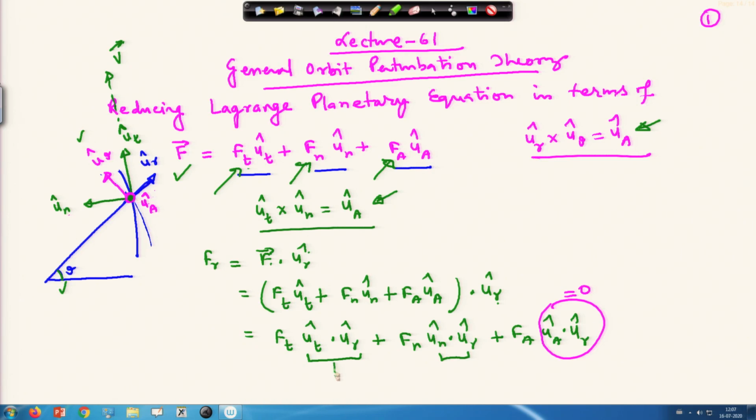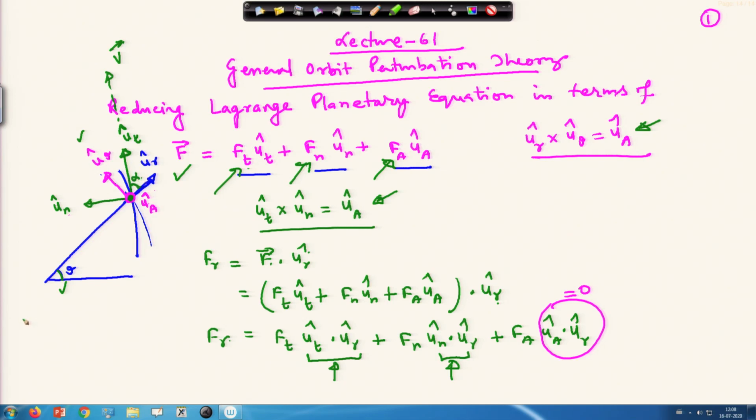So, we are left with estimating these two things, u t dot u r and u n dot u r. Now, here, this vector is the tangent vector, and let us say this angle is alpha.